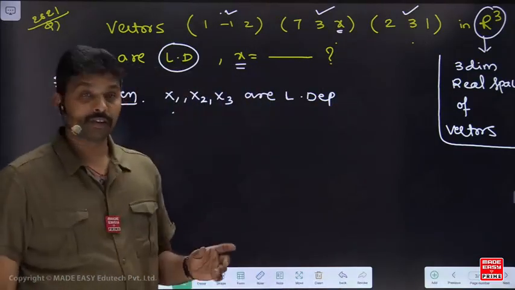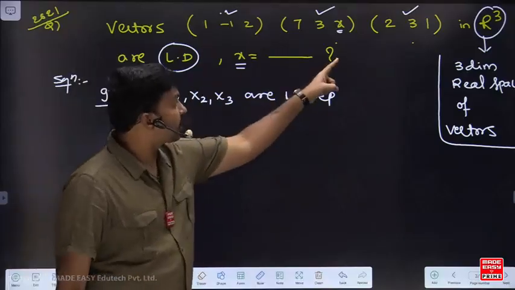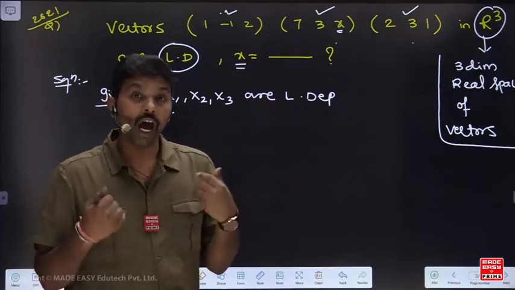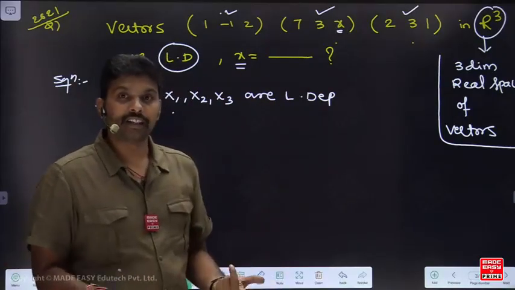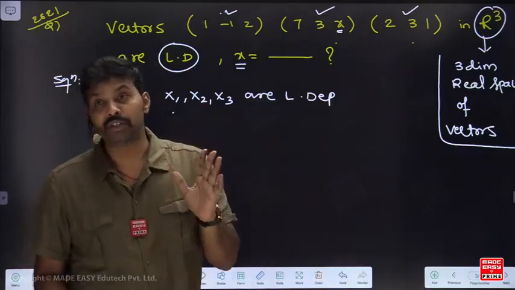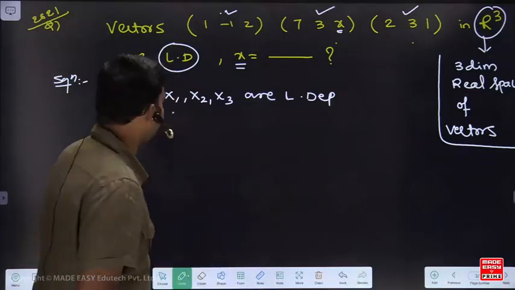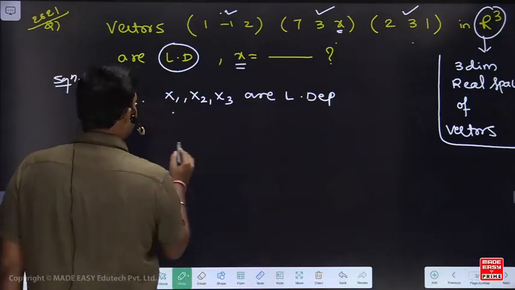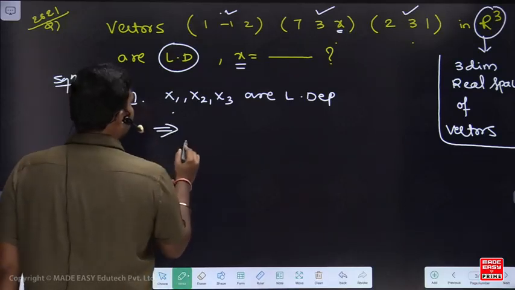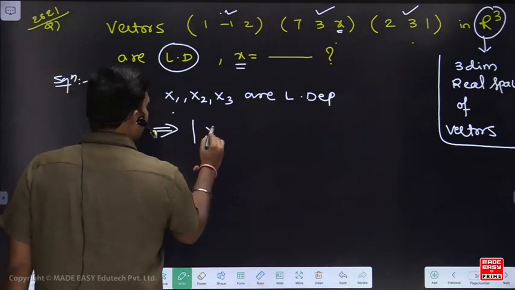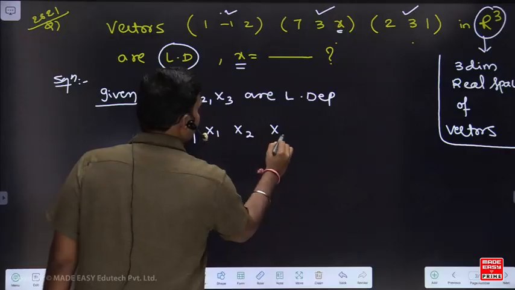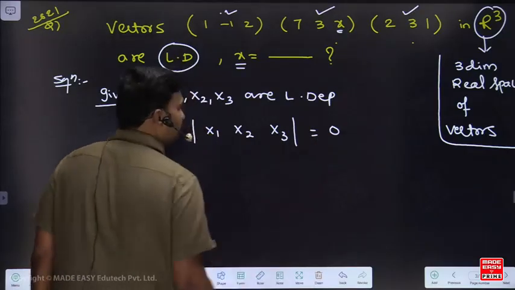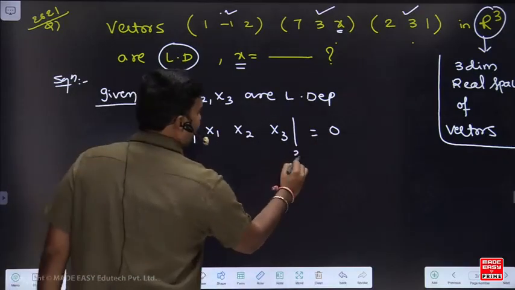Dear students, if three vectors of three dimensions are linearly dependent, then the determinant must be equal to 0. So linearly dependent implies that the determinant of x1, x2 and x3 should be equal to 0.